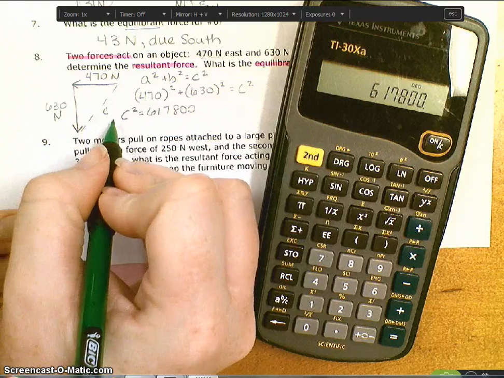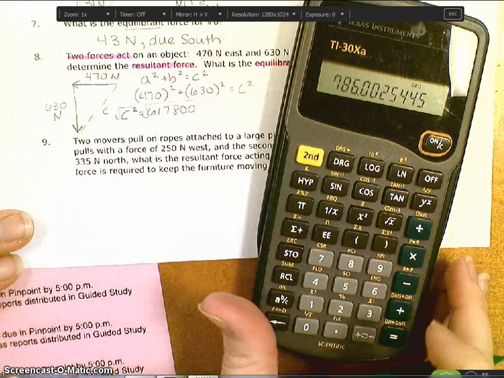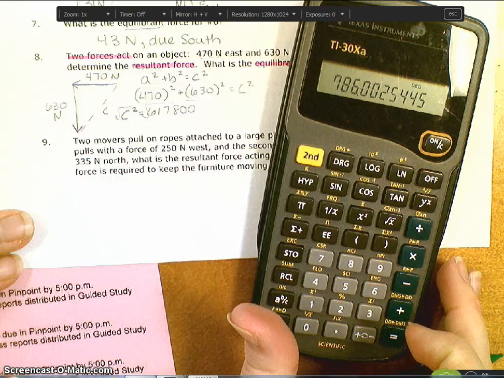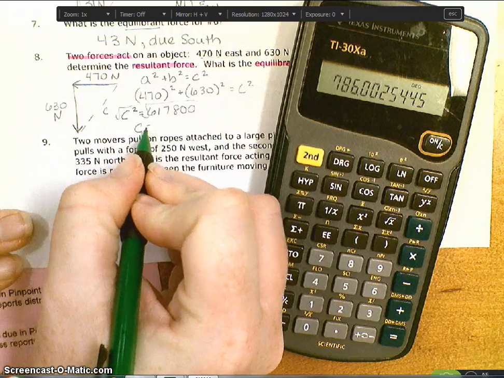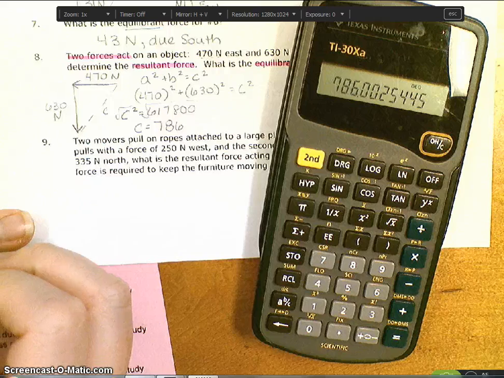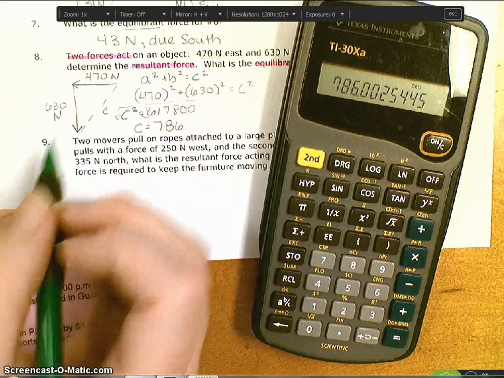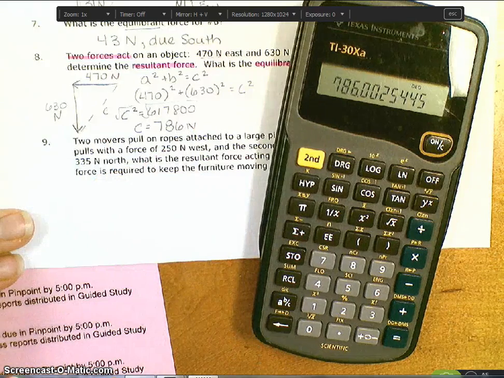That's c squared. I have to take the square root of that number, and I get 786, and I can round it off right there. Do I have units? Yes, I do. This is a force, so it's newtons.